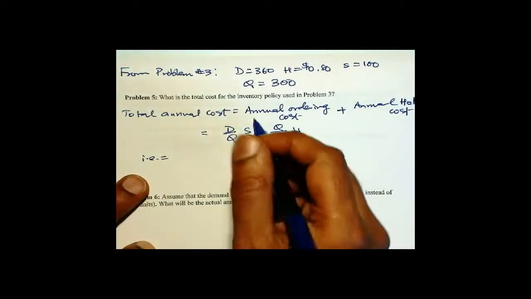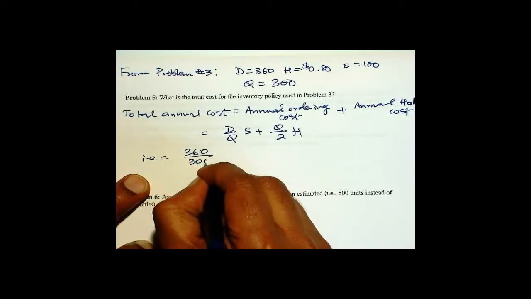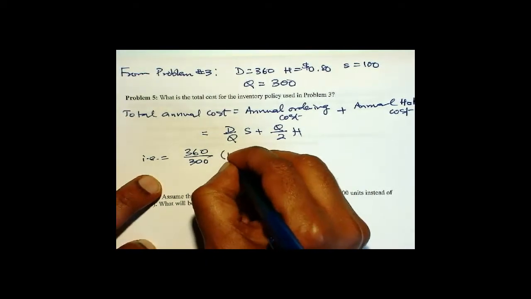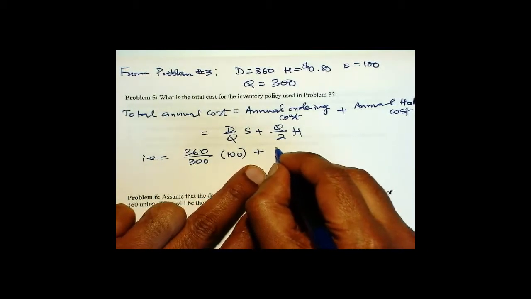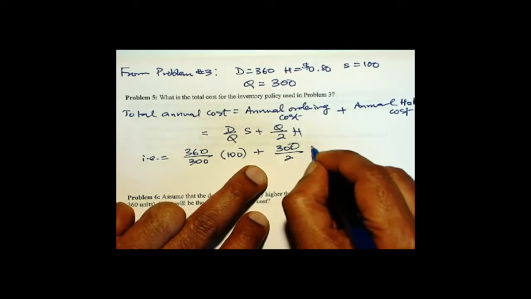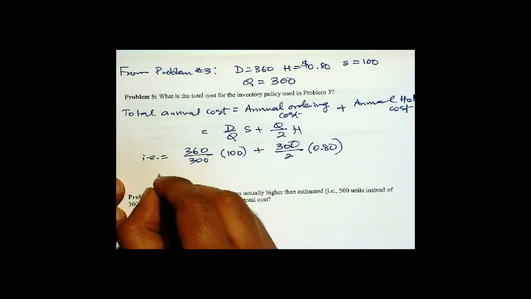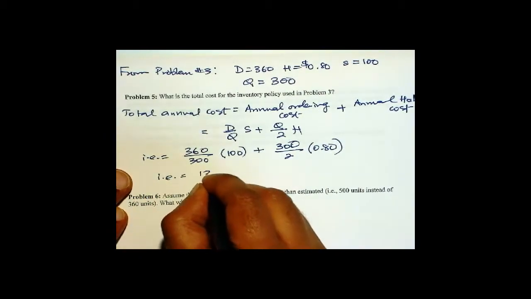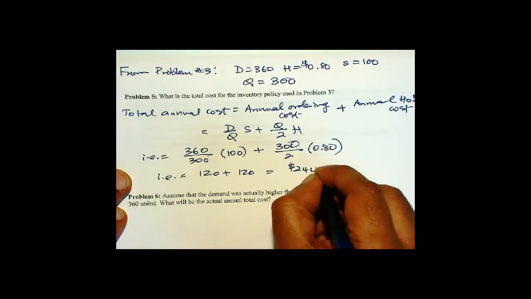So then we get 360 over 300 times 100, plus 300 over 2 times 0.8, and that is equal to 120 plus 120, which is 240.